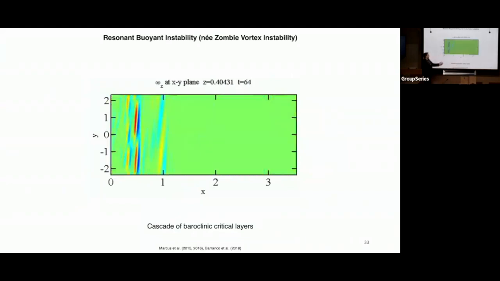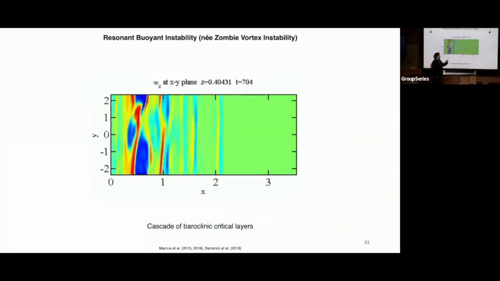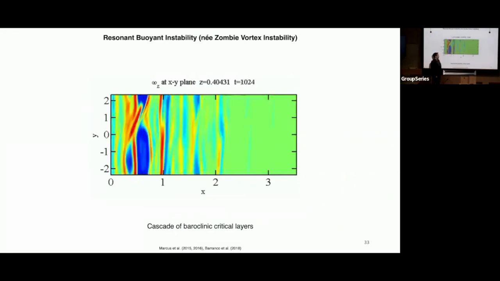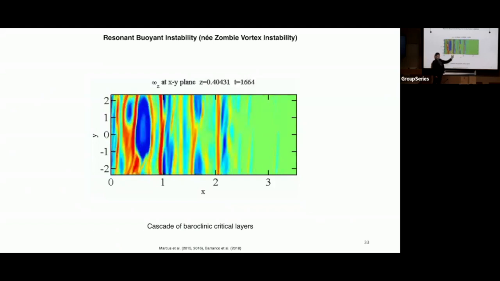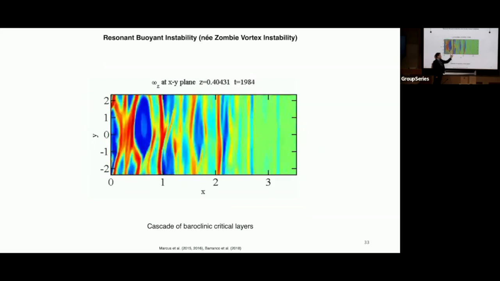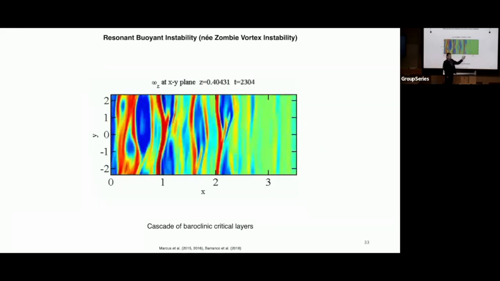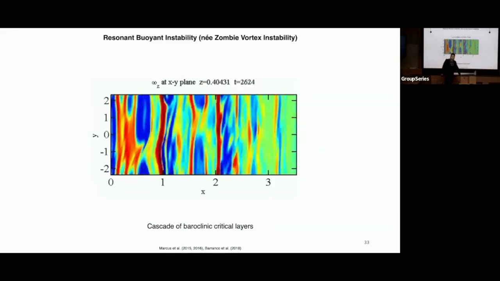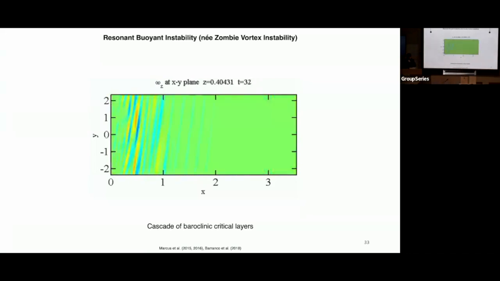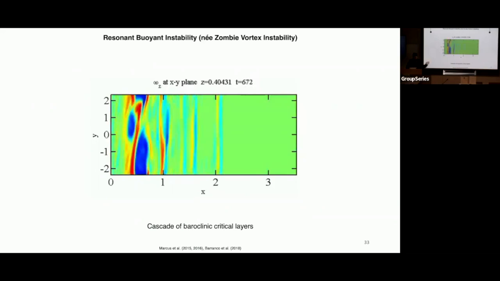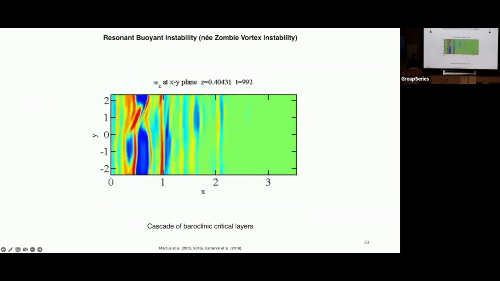That is going to excite that resonance, which is also going to be amplified. Now this new resonance, the epicyclic frequency of this perturbation, is also going to find a resonance with another buoyancy frequency elsewhere, and then the whole thing cascades. That's why I'm calling it a resonant buoyant instability. They call it zombie because it happens in the dead zone and it's sketchy. So, yeah.